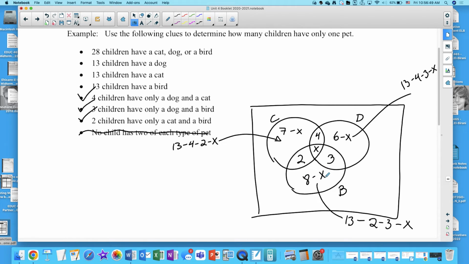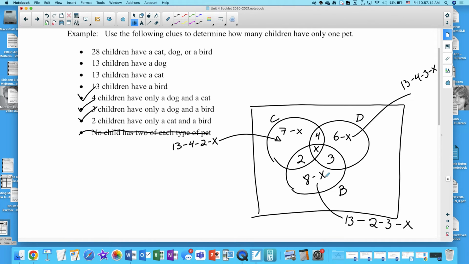Okay? Now, let's go back to the first clue. The first clue, 28 children have a cat, dog, or bird, tells us how many people are in the union of all three. So if we add up all of these regions, what should we get? 28.